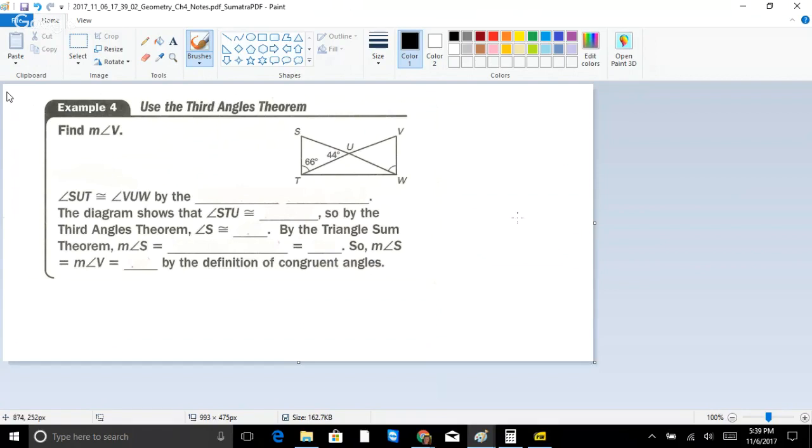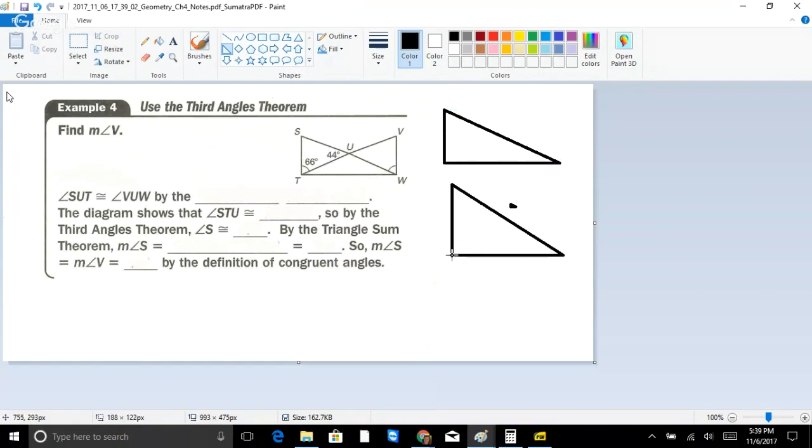We have these two triangles. You can also break them out into two triangles if it's hard to look at them like they are. So we could draw one triangle this way and then draw the other triangle the other way.